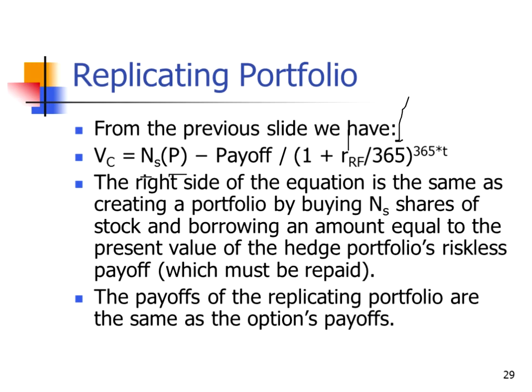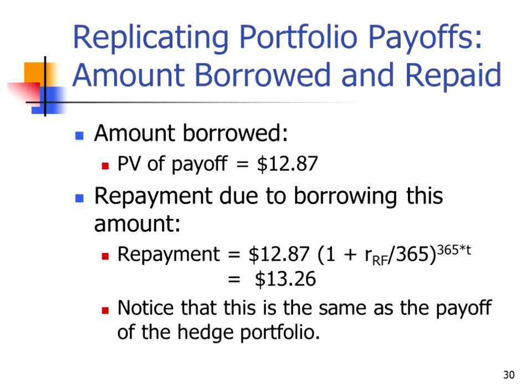The right side of the equation is the same as creating a portfolio by buying N shares of stock and borrowing an amount equal to the present value of the hedge portfolio's riskless payoff, which must be repaid. So basically you're borrowing funds to finance this investment, and that borrowing would happen at the risk-free rate. The payoff of the replicating portfolio is the same as the option's payoff.